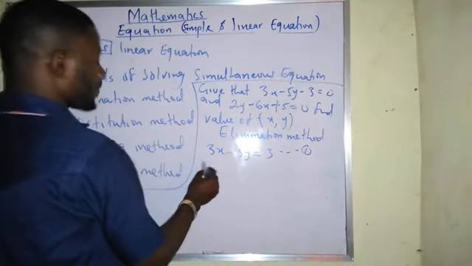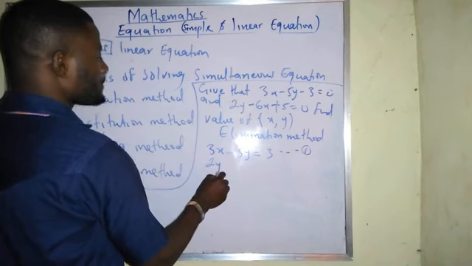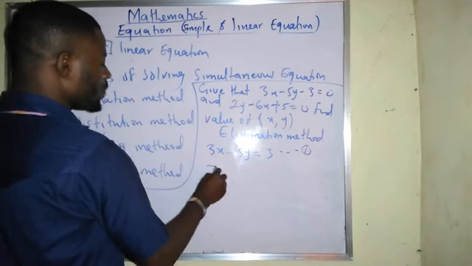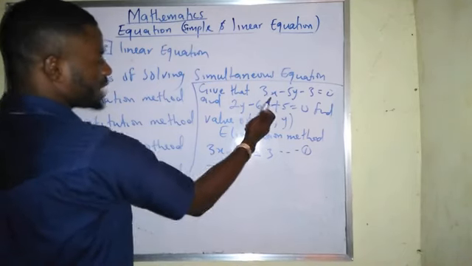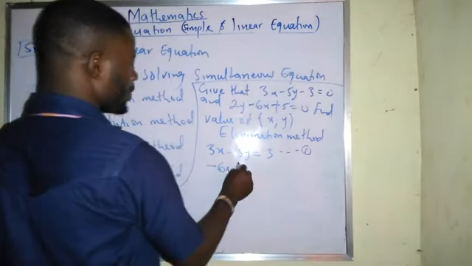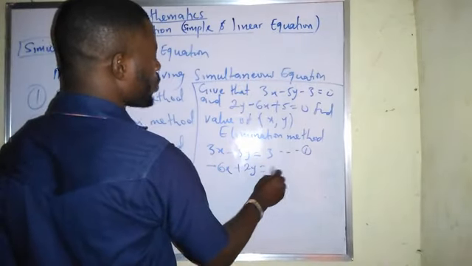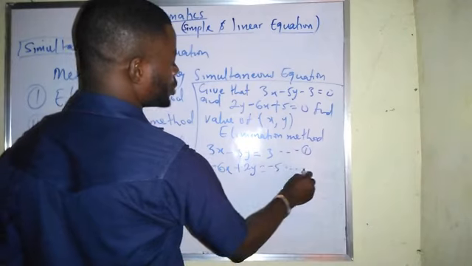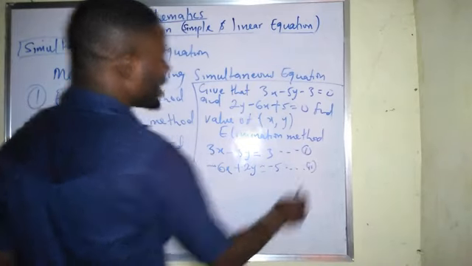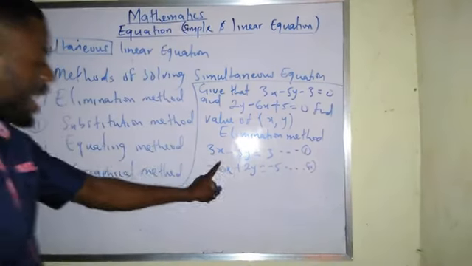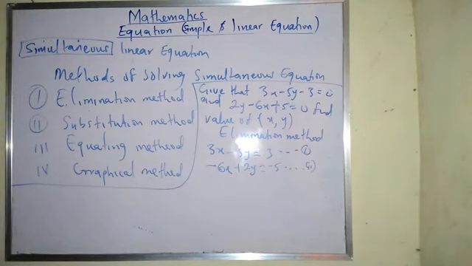And also 2y, before I move on, I can turn it to minus 6x plus 2y equals minus 5. Equation 2. What am I doing? I'm just trying to rearrange it so x and y are on the same side.